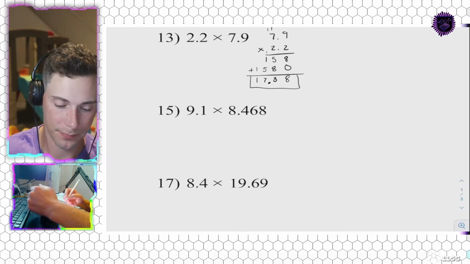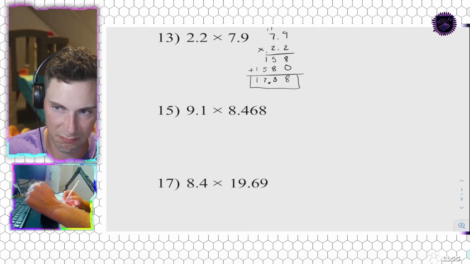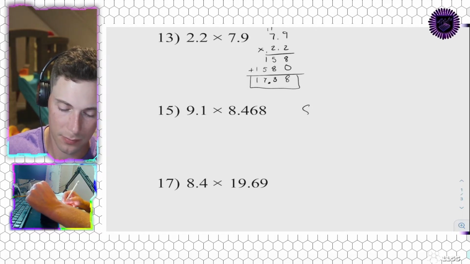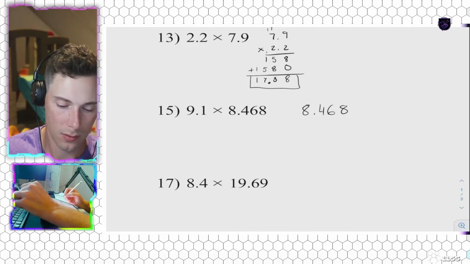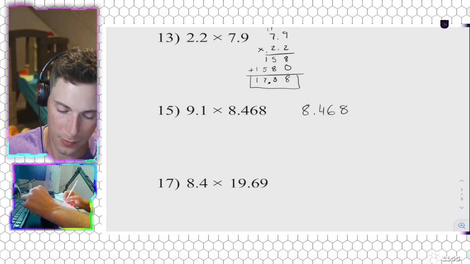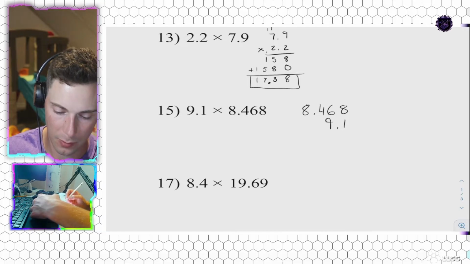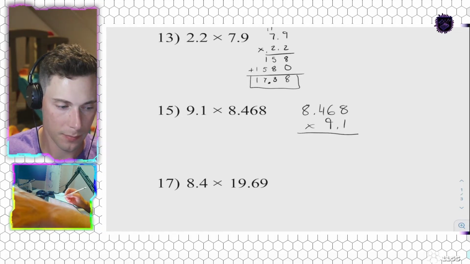Question 15. Longer. I'm going to write the longer number on top. That's the way I like doing it. 8.468. And we're going to go 9.1 on the bottom. Oops, 9.1 on the bottom. Multiply.